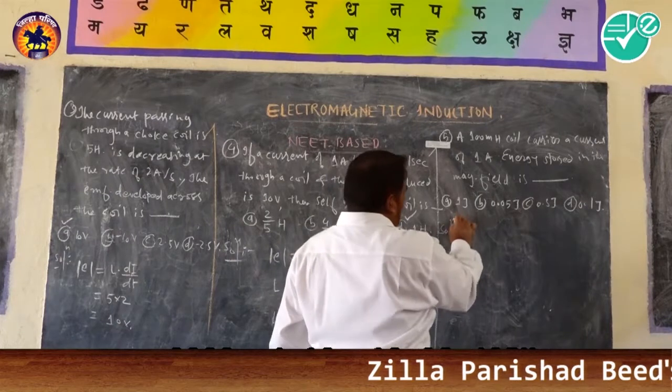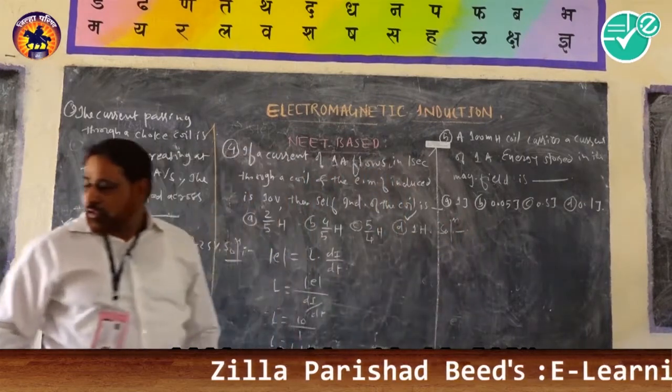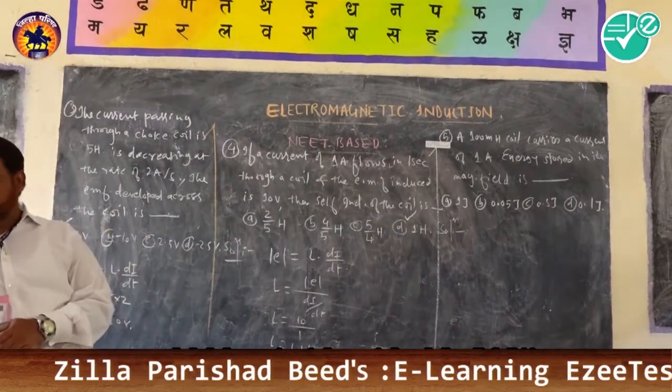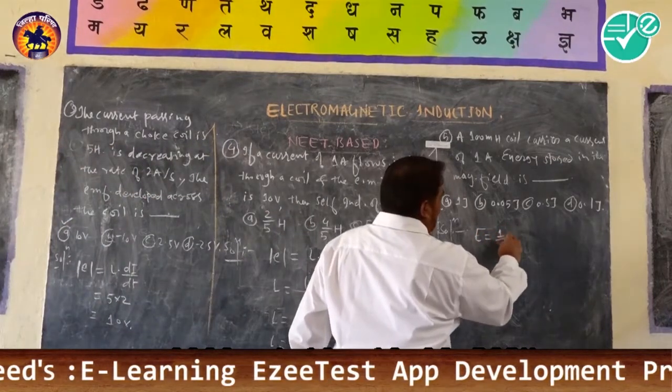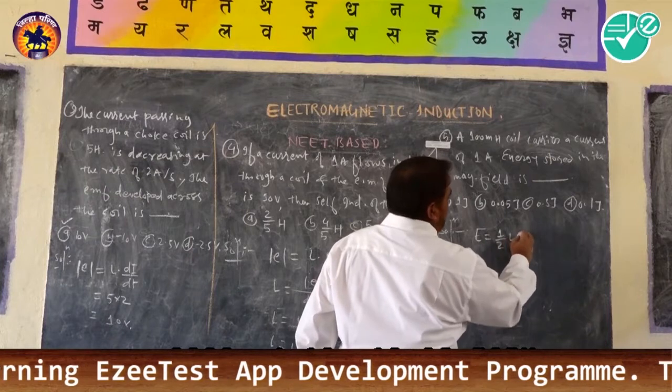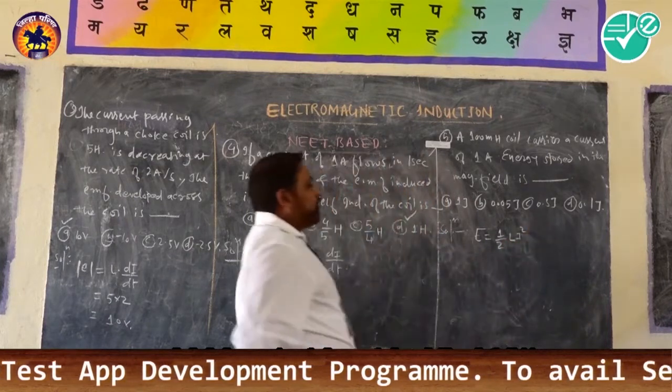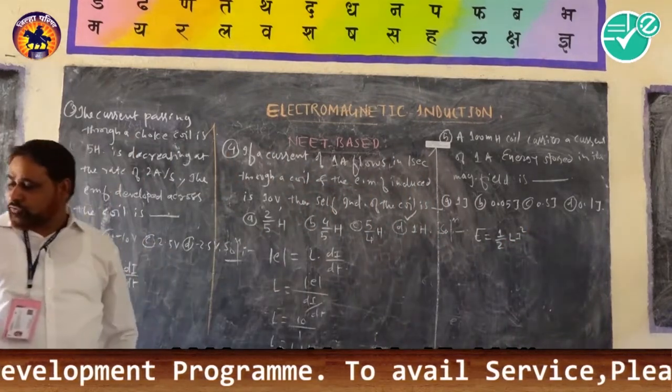The solution to this problem is like this. Again we are using E is equal to 1 by 2 L I square. Energy stored can be calculated by 1 by 2 L into I square.